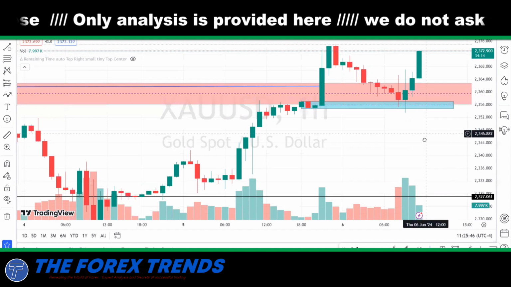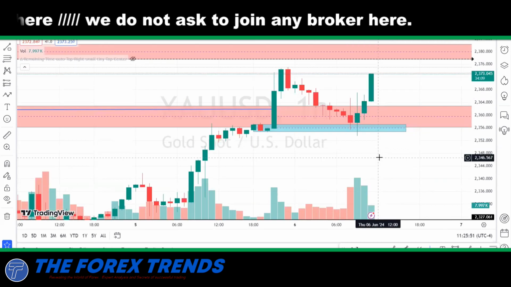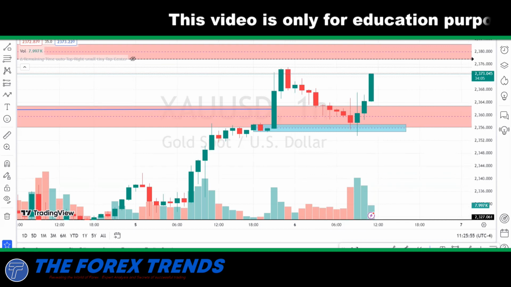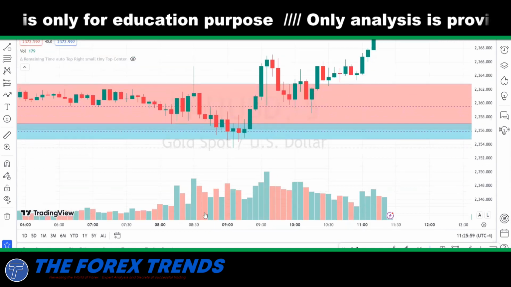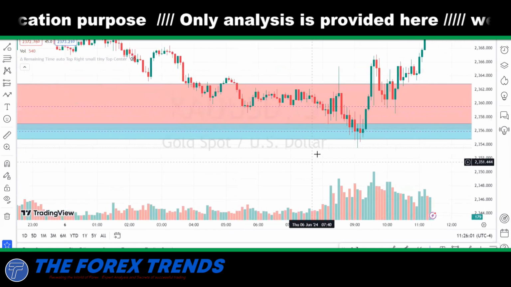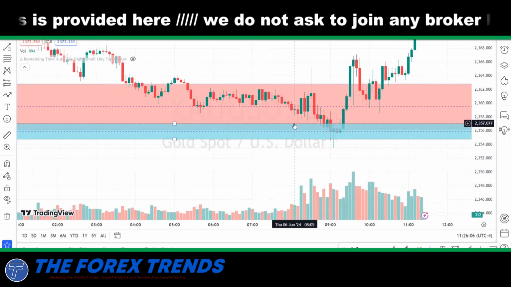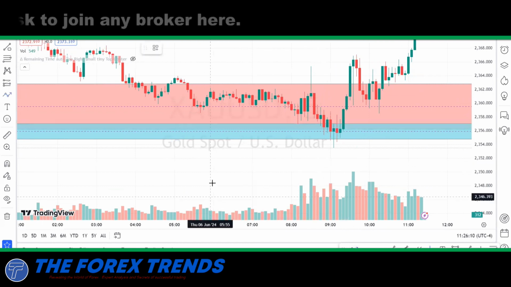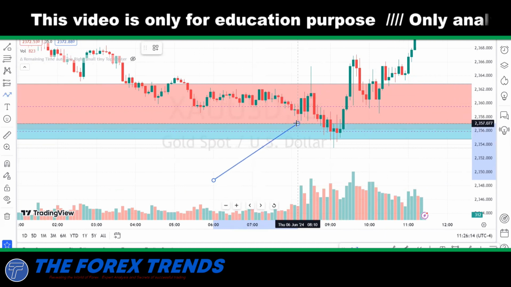Okay, and I initiated a buy from this level. For that, I had to switch to a small frame. On the small frame, when the market approaches this zone, that is the 2357 level, here I initiated a buy from this level.